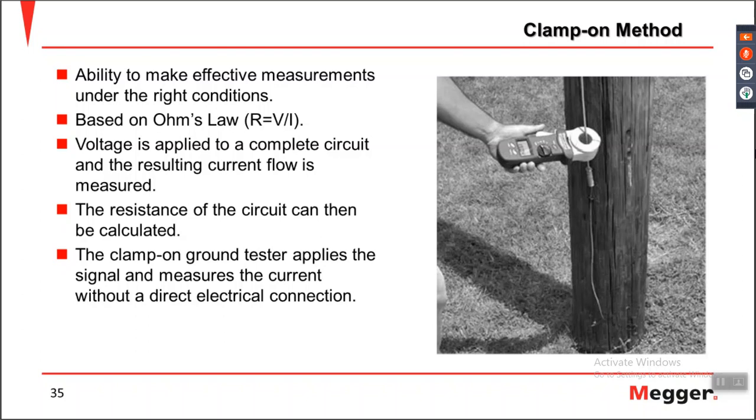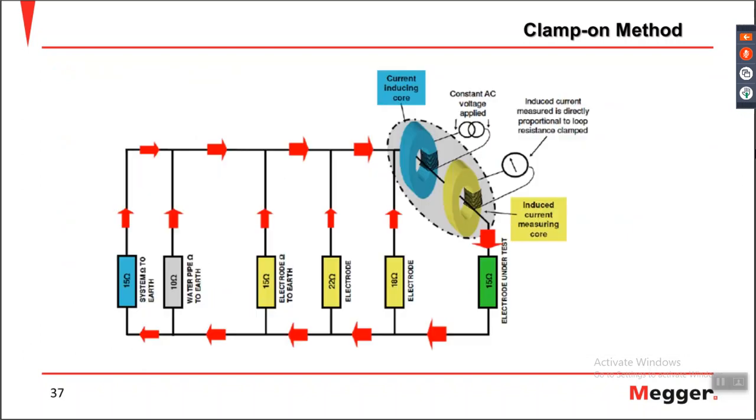One is the voltage coil, and the other is the current coil. So the voltage coil generates the AC voltage, and then current flows to the system. Sorry, and then we measure the induced current.